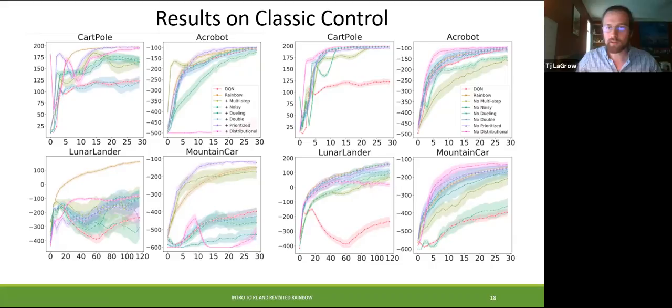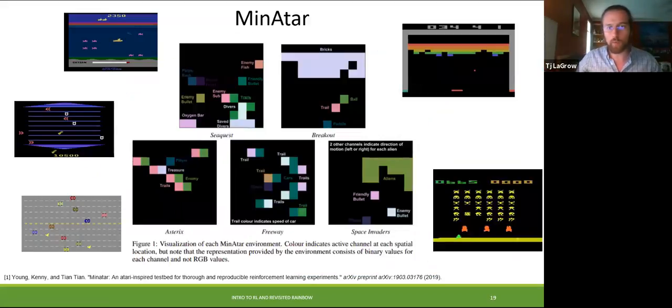But going to a little more complex example, what this paper introduces is MinAtar, which is mini Atari, which created 5 different games and tried to take it down to a state space of 10 by 10 pixels. This significantly reduces the cost, and I tried to give picture examples of what the games actually look like, just so you can see where they're trying to represent the different states.